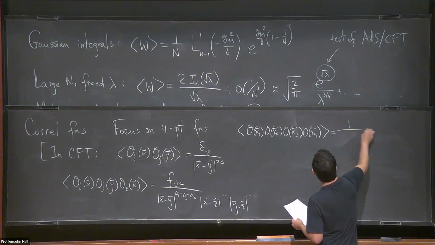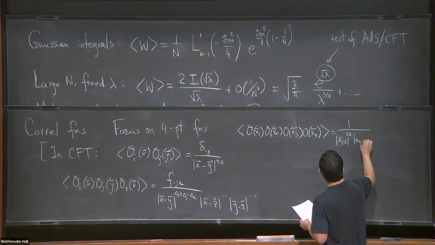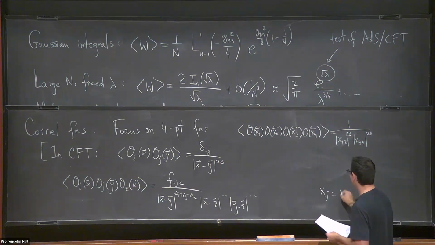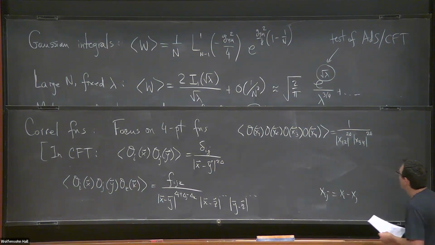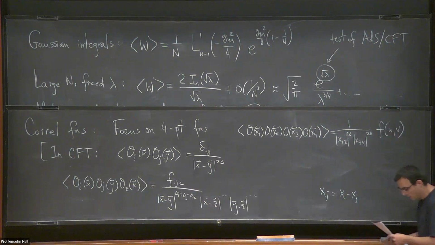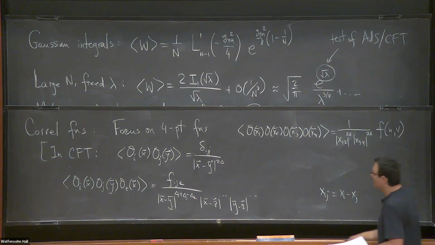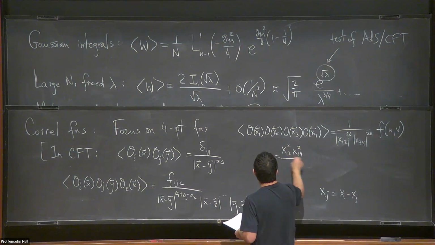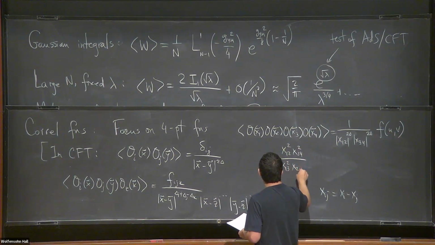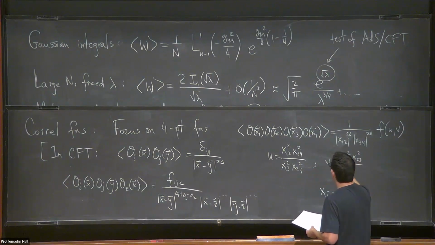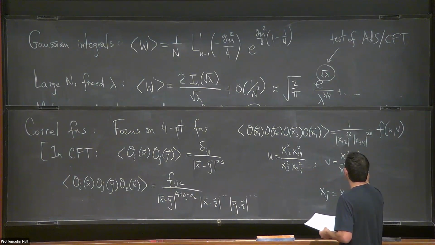Suppose it's the same operator. This is 1 over x_12 to the 2 delta, x_34 to the 2 delta, where x_ij is x_i minus x_j, times some function f of 2 variables u and v, where u is x_12 squared x_34 squared over x_13 squared x_24 squared, and v is x_14 squared x_23 squared over x_13 squared x_24 squared.